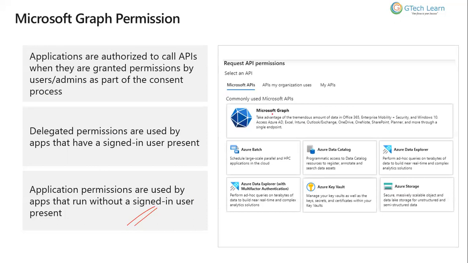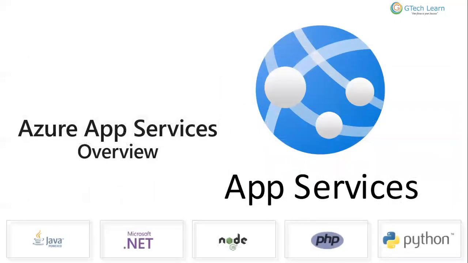So here you can see by utilizing the Microsoft Graph API permission, we can provide the graph permission to the specific application for different resources like Azure Storage, Azure Data Explorer, Azure Key Vault, Azure Data Catalog, Azure Batch, and multiple services in which we want to provide the permission.